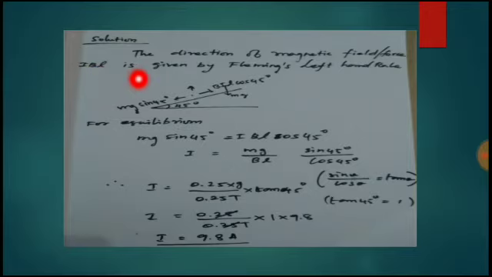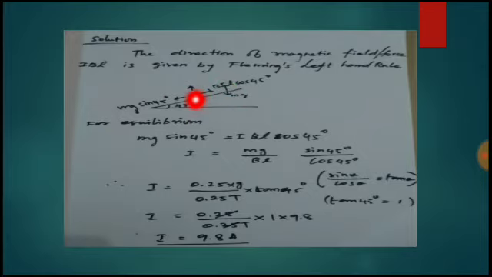Fleming's left hand rule. So now from the question, I draw a diagram like this. 45 degrees is given, so I draw this 45 degree angle between the sliding surface and the horizontal surface. In this slope, one object is placed.